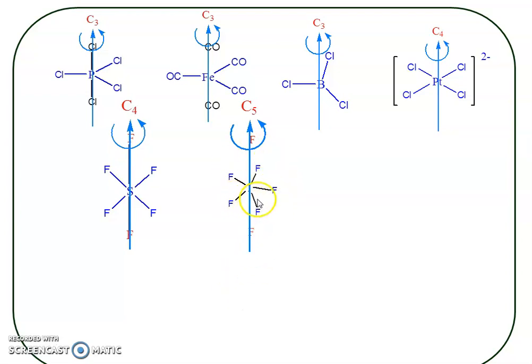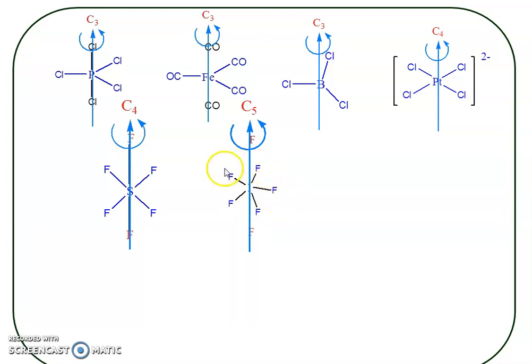Now here the molecule needs to be rotated 5 times through an angle of 72 degrees, and after that we get the identical structure. So after the first rotation we get an equivalent structure.